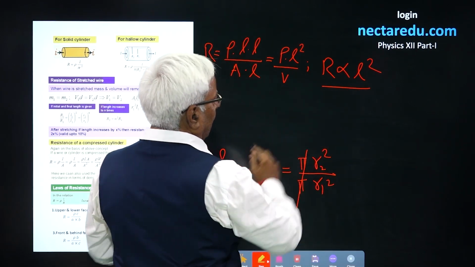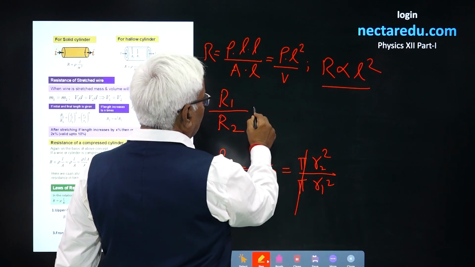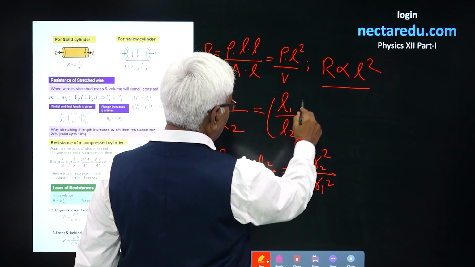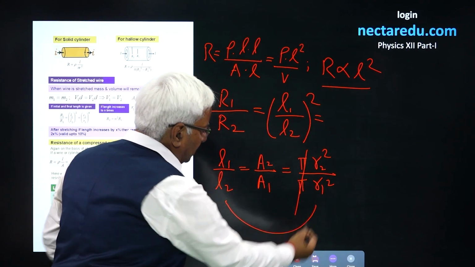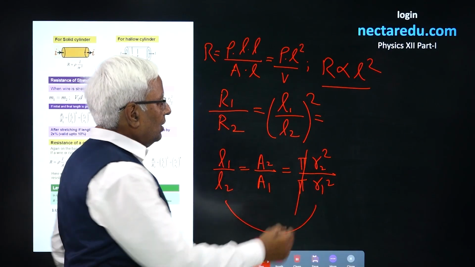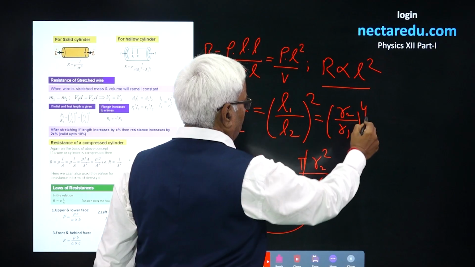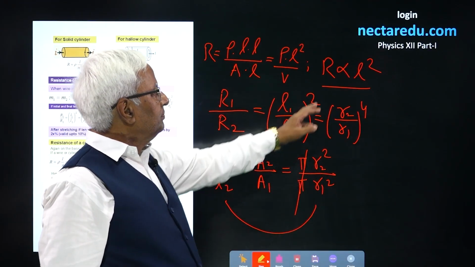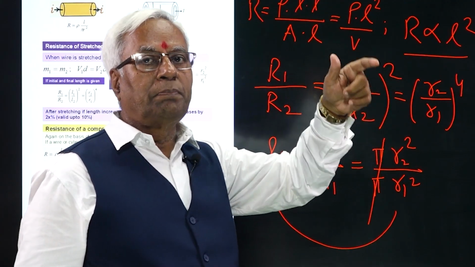If initial and final length are known to you in the process of stretching, you might say this, and here you got the relation with the square of the radius. So it's going to be R2 upon R1 = (r1 upon r2) power 4. Resistance ratio is the inverse of radii to the fourth power.